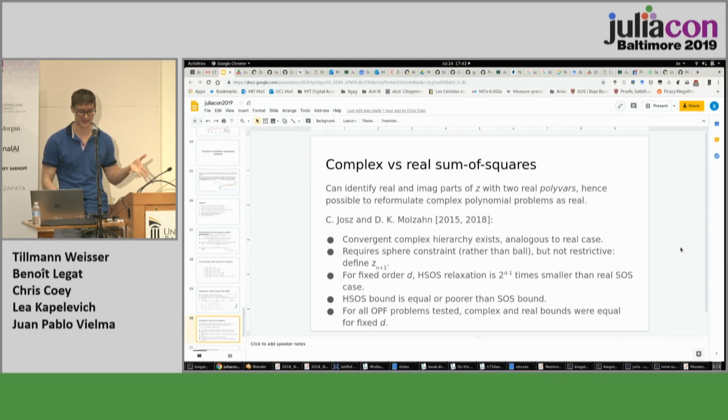First of all, that a convergent complex hierarchy exists, analogous to the real hierarchy, but it requires a sphere constraint rather than a ball constraint to get that convergence to go through. However, that's not restrictive. And for a fixed order d, they show that the Hermitian SOS relaxation is 2 to the d minus 1 times smaller than the real SOS case, where they've identified first.